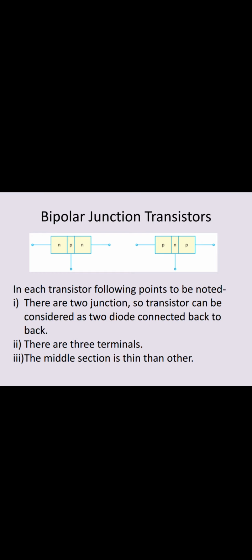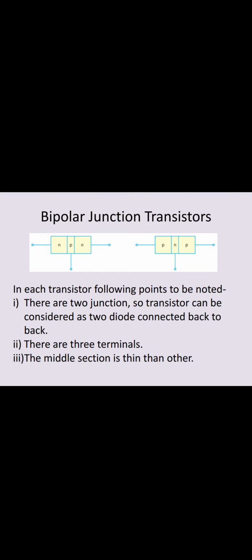Now, the second question is why it is called bipolar. Because the conduction takes place due to both electrons as well as holes in the transistor, and so we can say bipolar junction transistors.